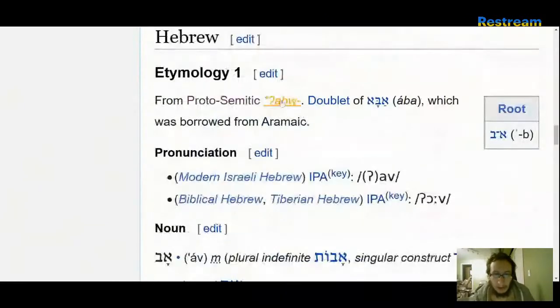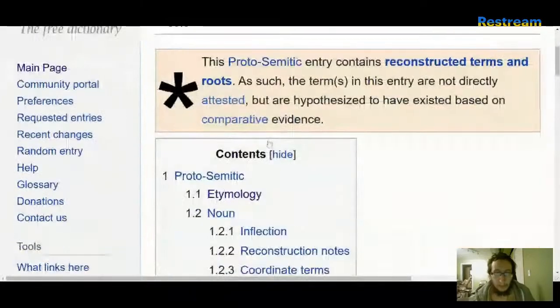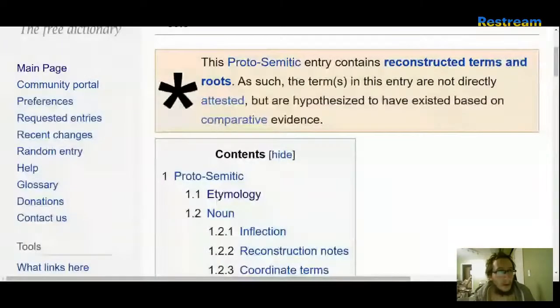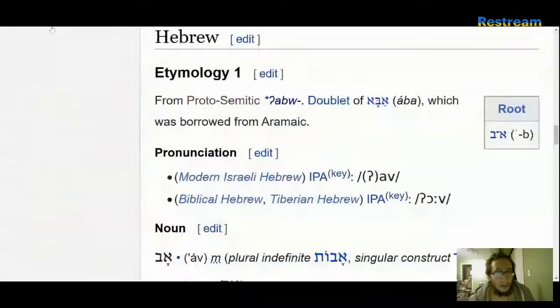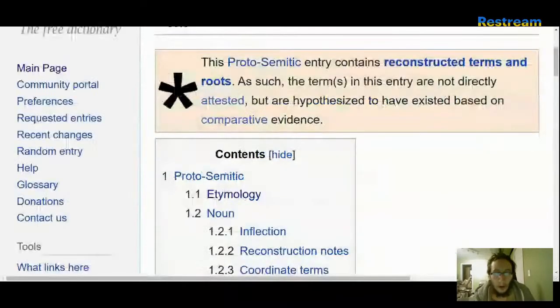So now we click this. Oops, sorry guys. One second. Okay, so Proto-Semitic, the original Hebrew.